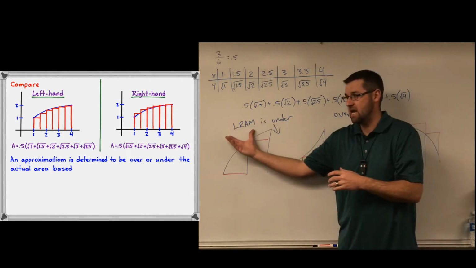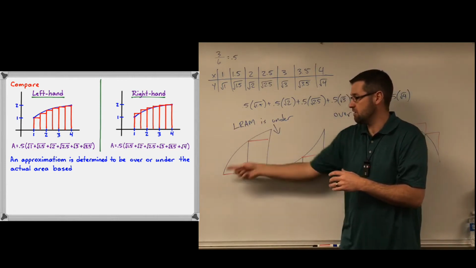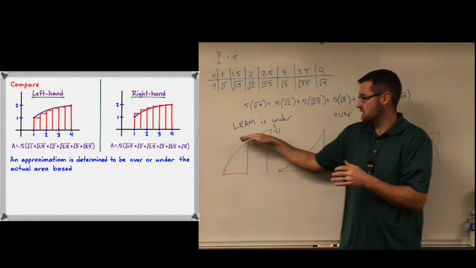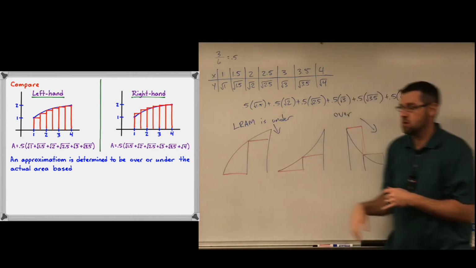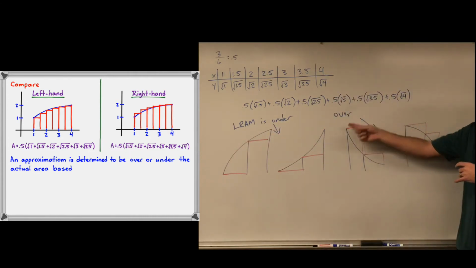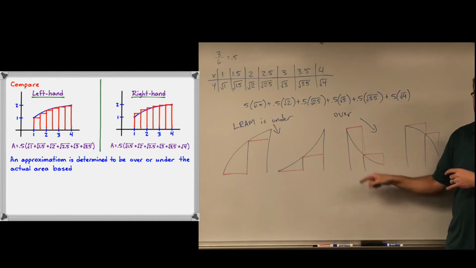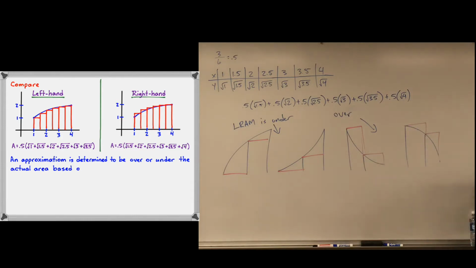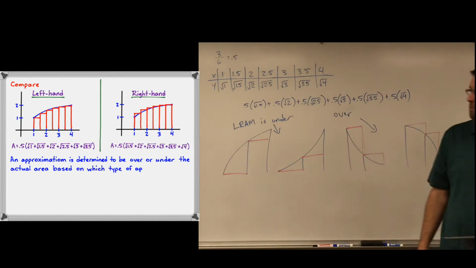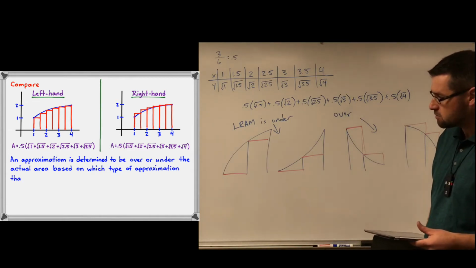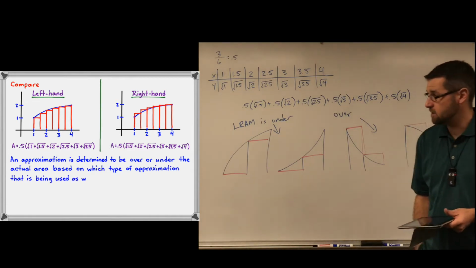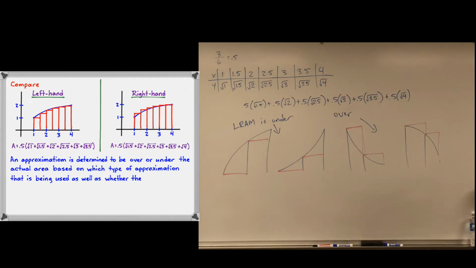Now let's look at right hand. If it's a right-hand approximation and the function's increasing, then it'd be over. And in a right hand, if the function's decreasing, then it would be under. So again, you have to be able to write that out. If you need to write it down and memorize it, that's fine, but you're filling up your brain with data that you can calculate on the fly.